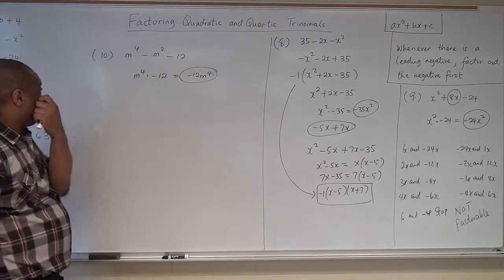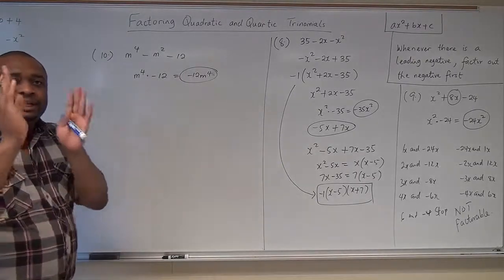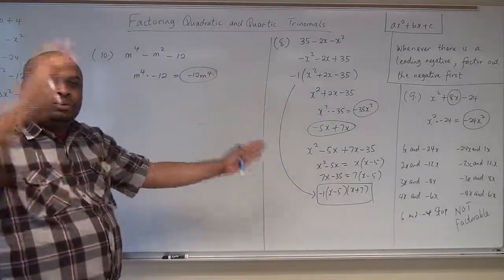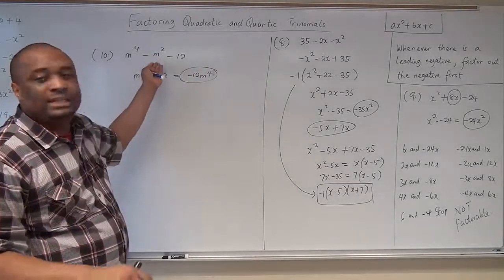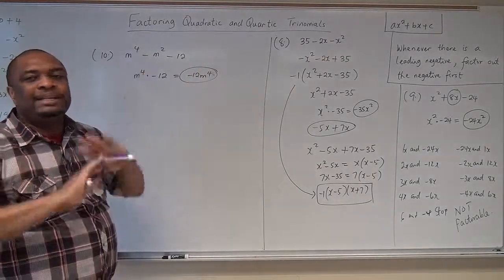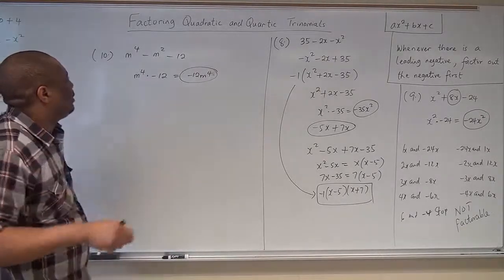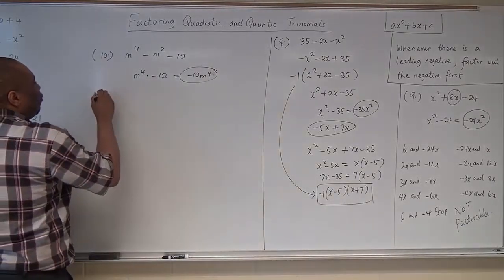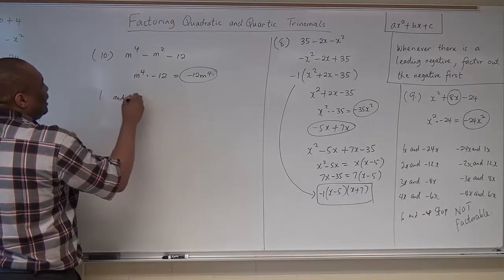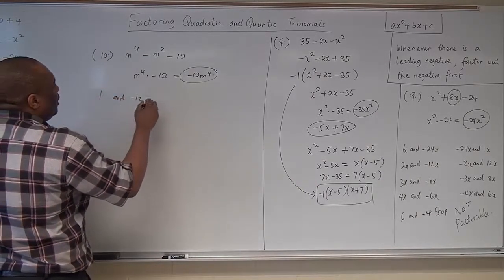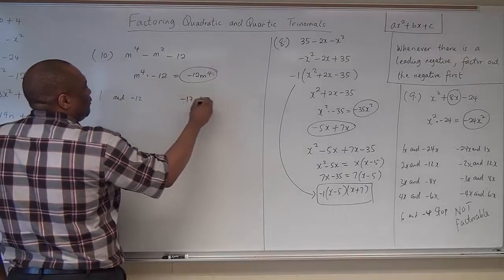Now you list the factors, but in these factors you now have m squared, just like what you have in the middle. It's the same process. So we have 1 and negative 12, and negative 12 and 1.